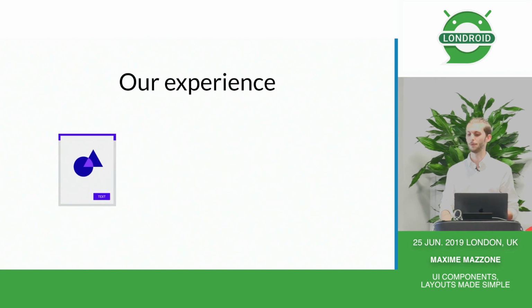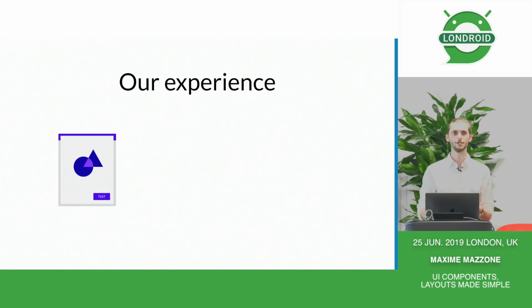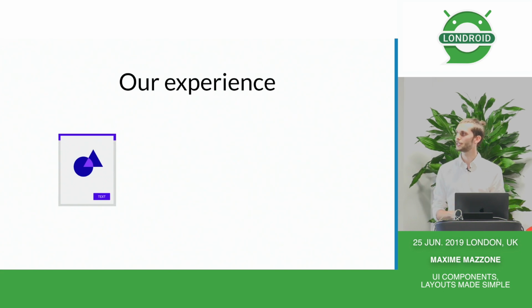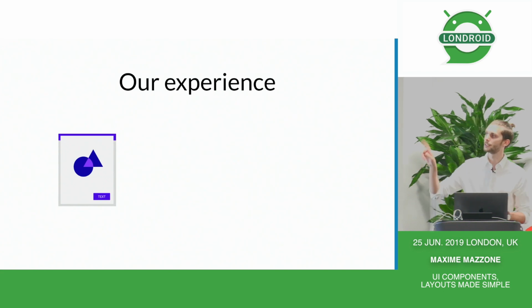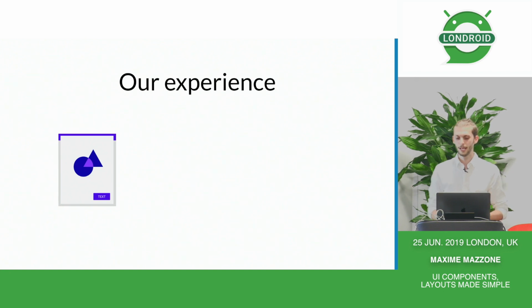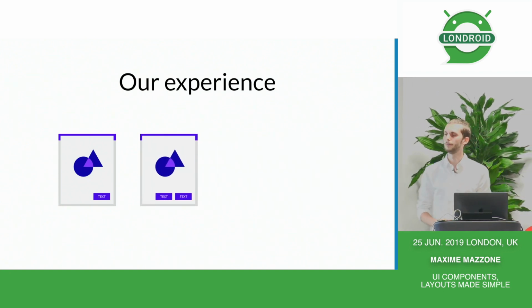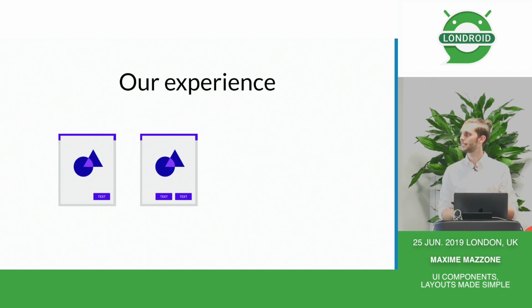And our experience at Babylon is probably the same as all of you. So we usually start creating a feature, and as you can see here, you have a card with an image and a button. And then a few weeks later, we start creating a second feature. And usually we can see some patterns here. It's kind of the same thing, but with another button.